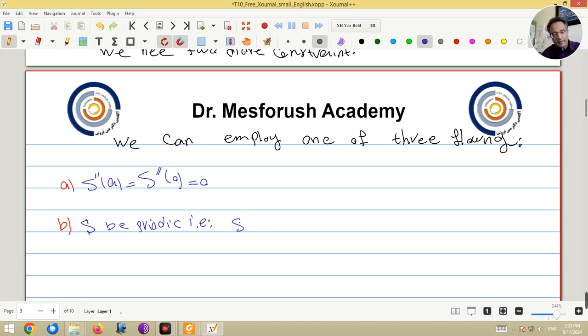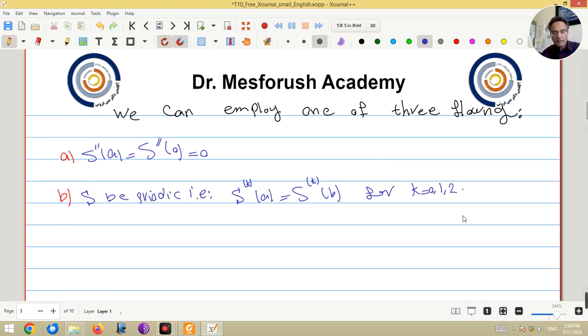It means that the kth derivative of S at a should equal the kth derivative of S at b for k equal to 0, 1, and 2. This is the second condition that we can employ.